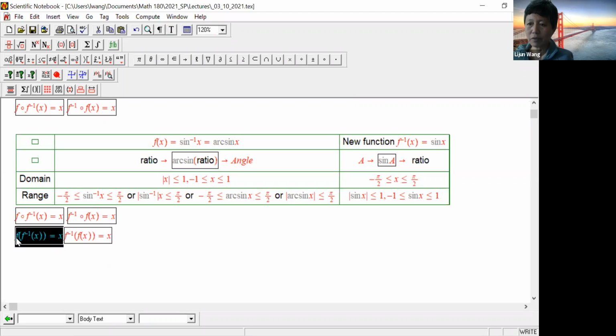Now, since f is arcsine and f inverse is sine, that would be true. But only for which sine? Only for this sine with that domain.